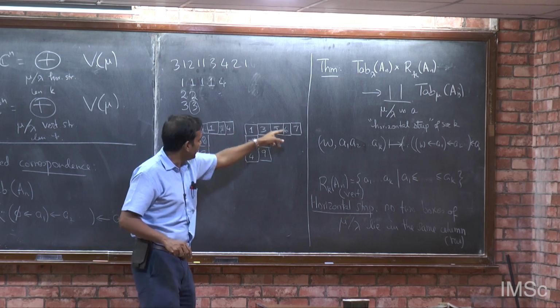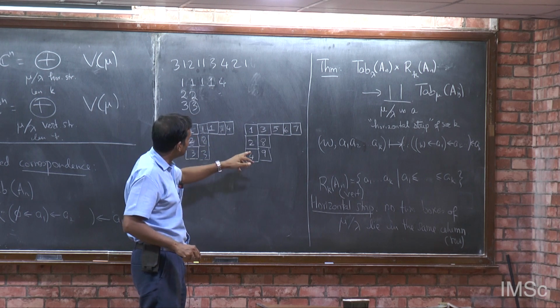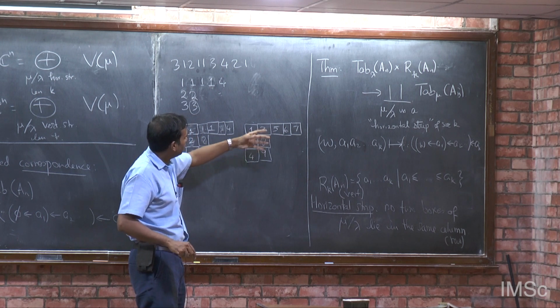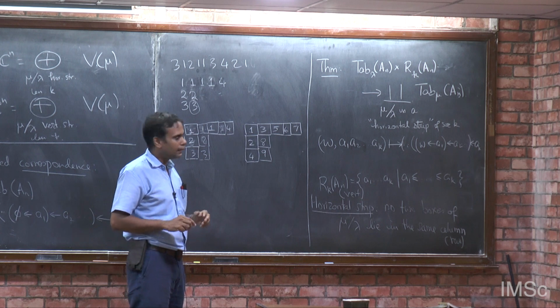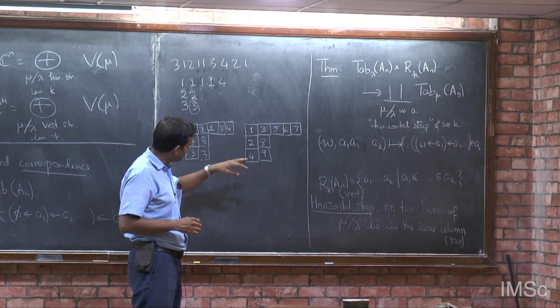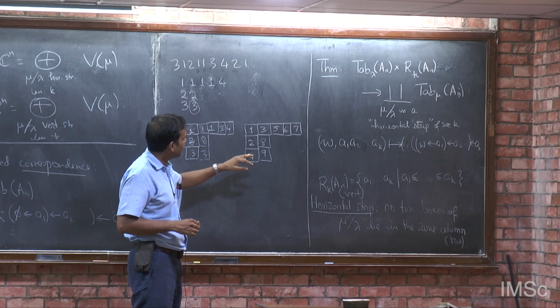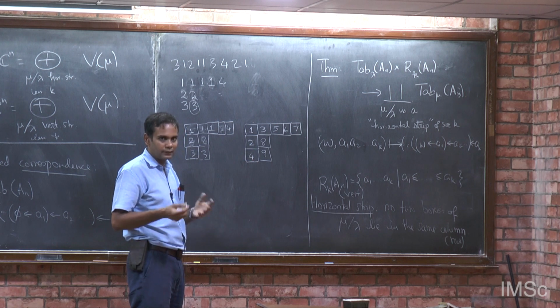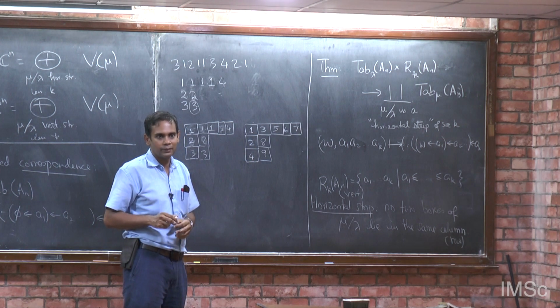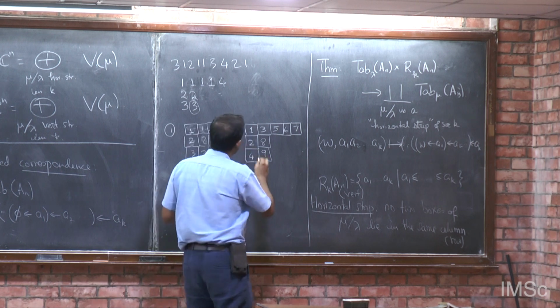So, the way we have entered it is such that at each stage we have added a box, and this box was added in such a way that the new shape is again the shape of a Young diagram.